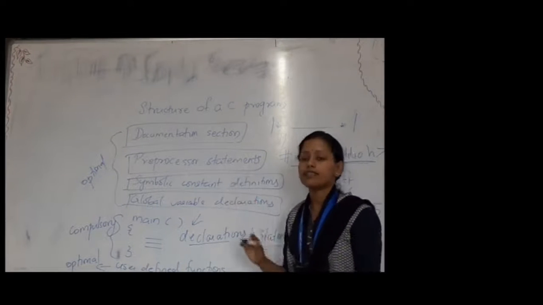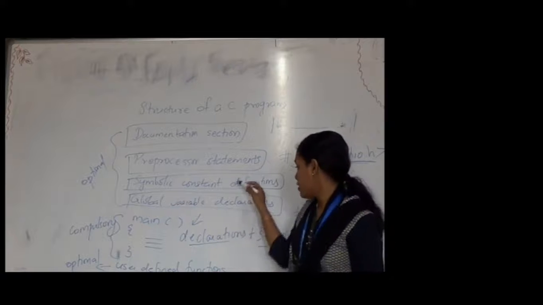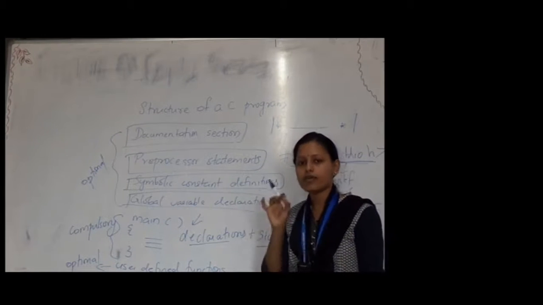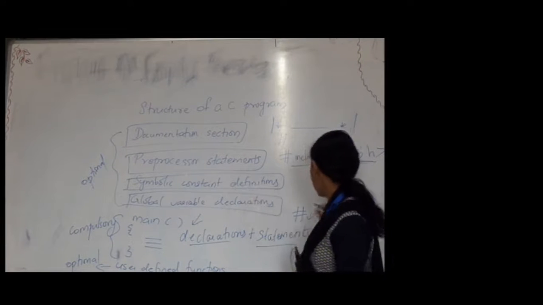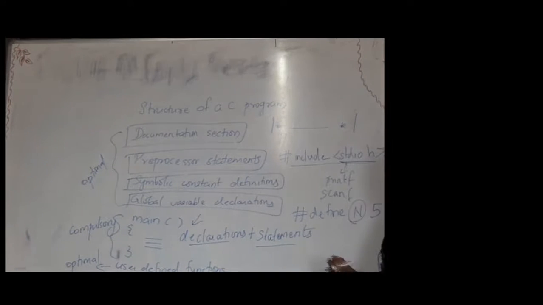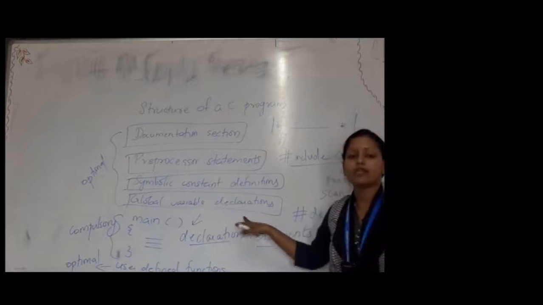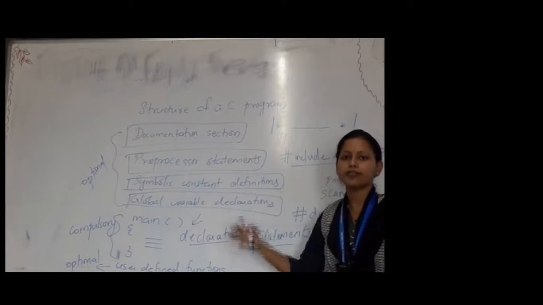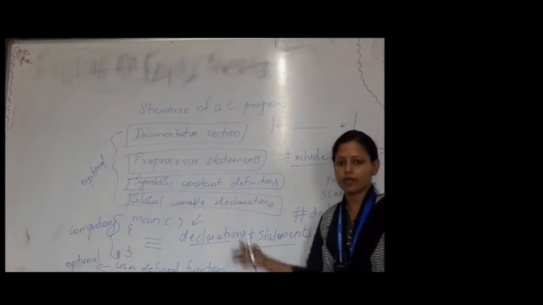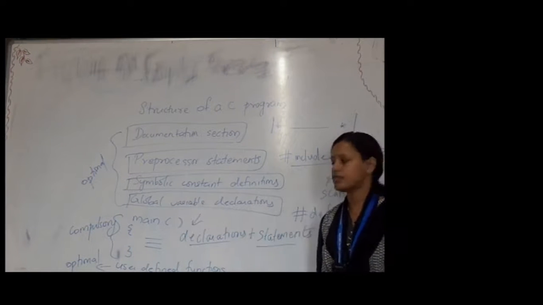Followed by that we have the symbolic constant definitions, which are used for declaring constants using some symbolic name. Followed by that we have the global variable declarations, where we declare variables which are to be visible for the entire program, also for the main function and other user defined functions.